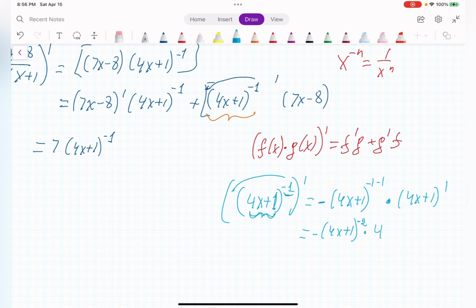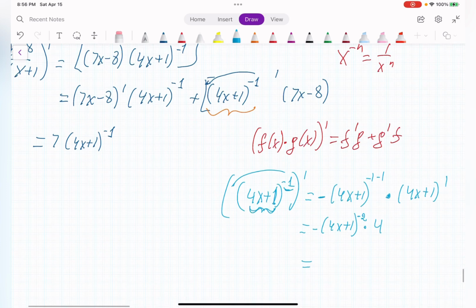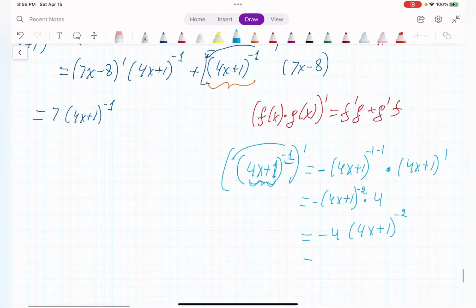So we are getting negative 4 over 4x plus 1 to the power negative 2, which is equal to negative 4 over 4x plus 1 to the power positive 2.